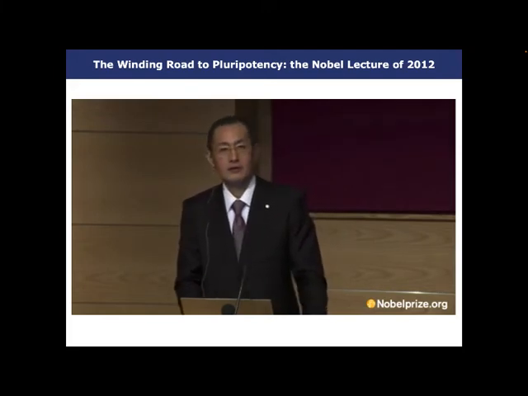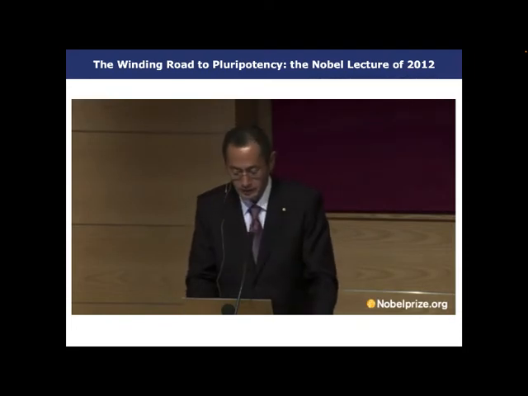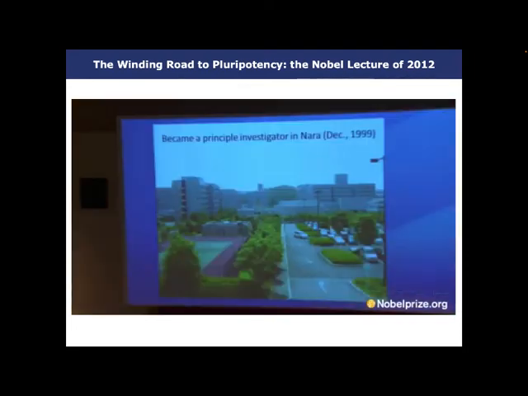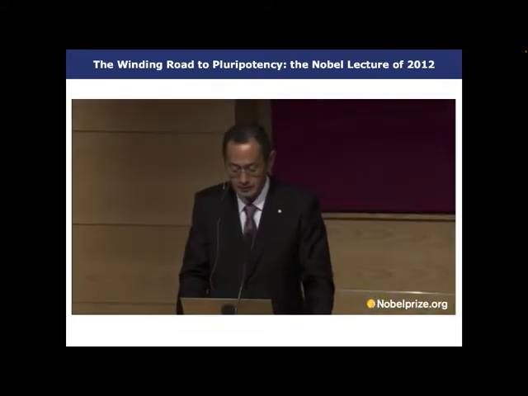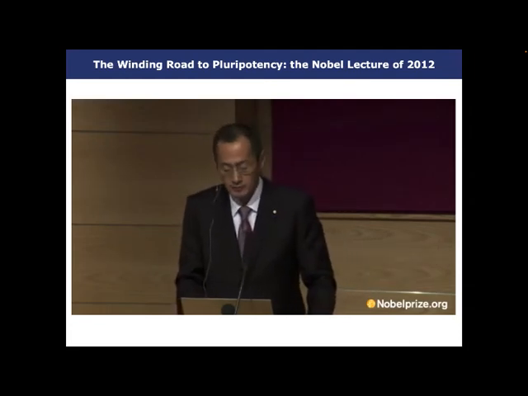The second event, which rescued me from PAD, was my promotion to Nara. In 1999, I became a principal investigator at Nara Institute of Science and Technology. So I had my own laboratory for the first time when I was 37 years old. As you can see here, this institute has a beautiful campus.